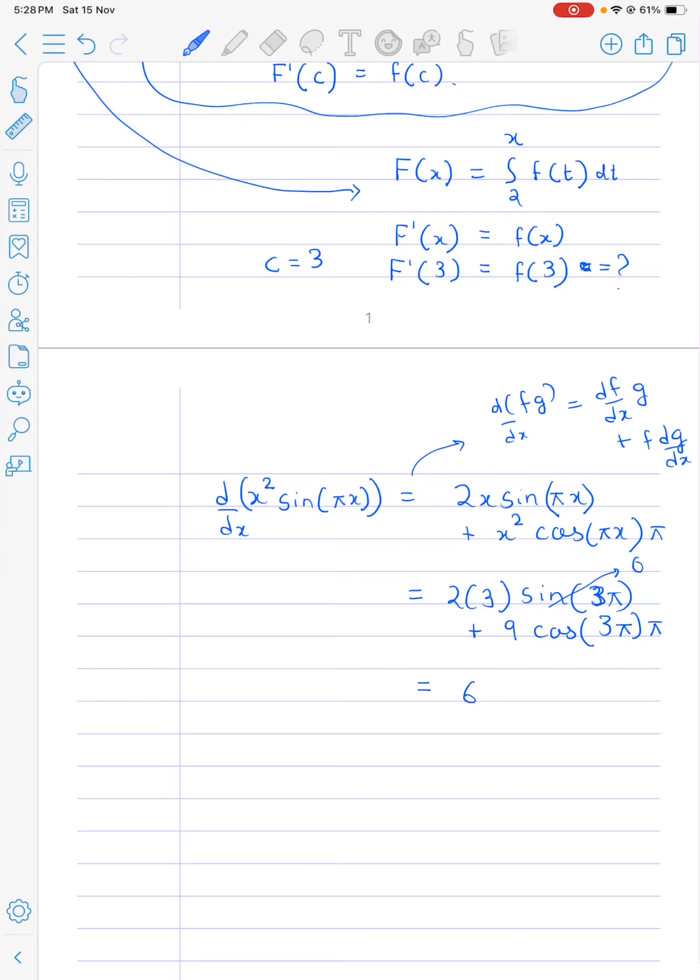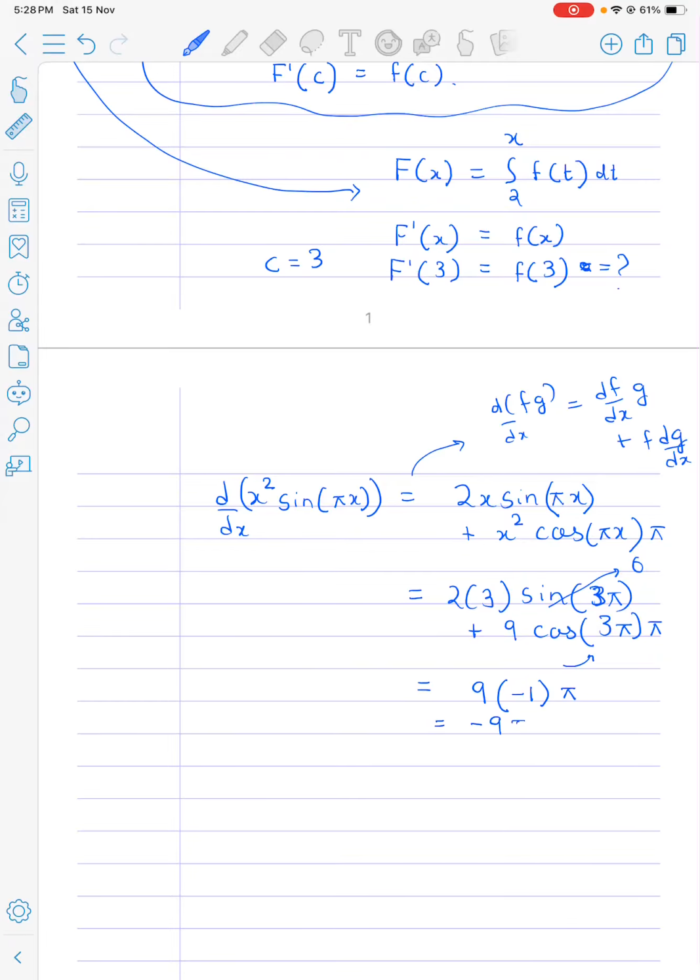Sine 3 pi will be 0. But what about this one? This one will be 9 cos 3 pi, which is minus 1, and then times pi.